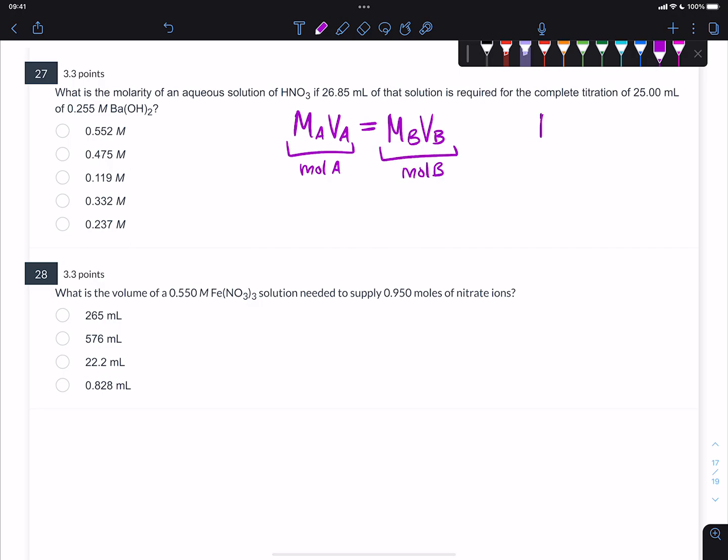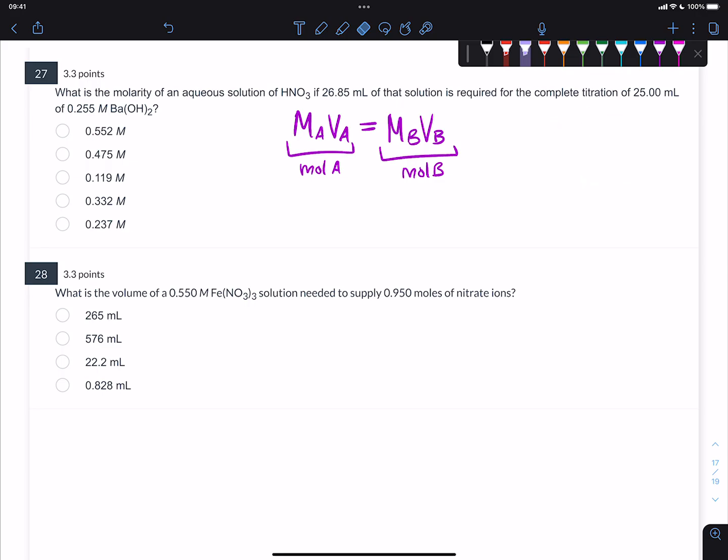The reason for this is that molarity is equal to moles over liters, but we could just say V for liters in this case. You don't have to convert to liters because they'll cancel out. You're using milliliters and milliliters, so we can just put a V here. And of course, if you multiply both sides by V, you get that M times V equals moles. And at neutralization, which will happen during titration, you will have moles equals moles. Moles of acid equals moles of base.